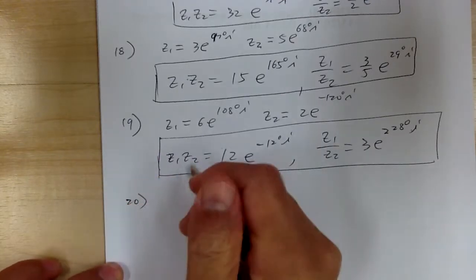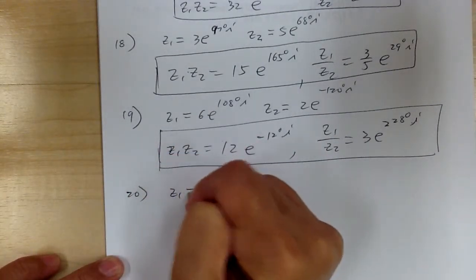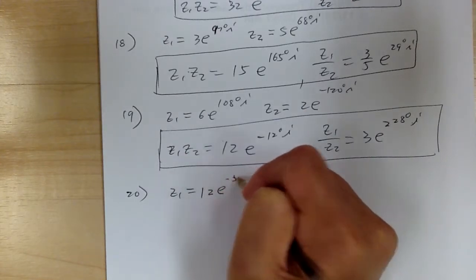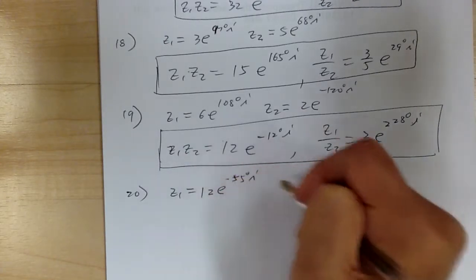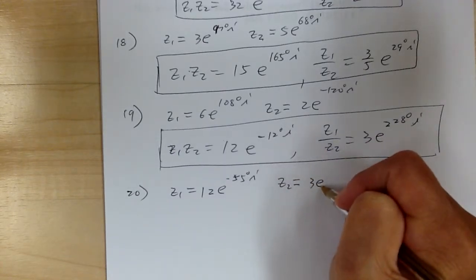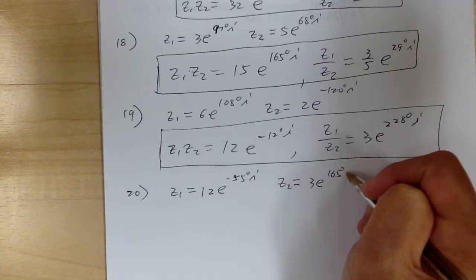Okay, number 20, z1 equal to 12e to the negative 55 degree i, and z2 equal to 3e to the 165 degree i.